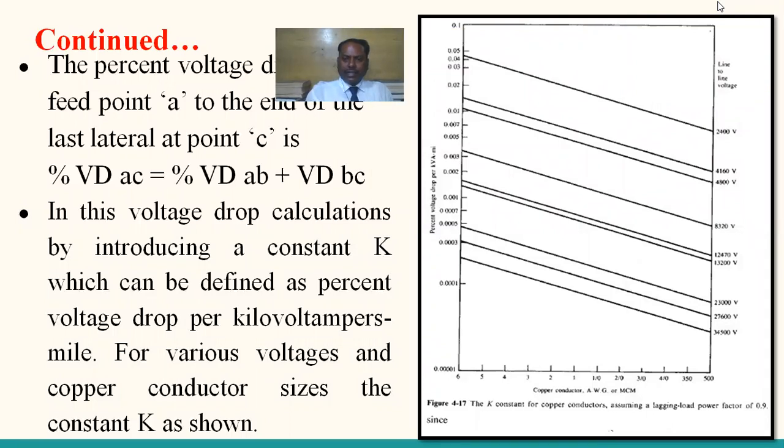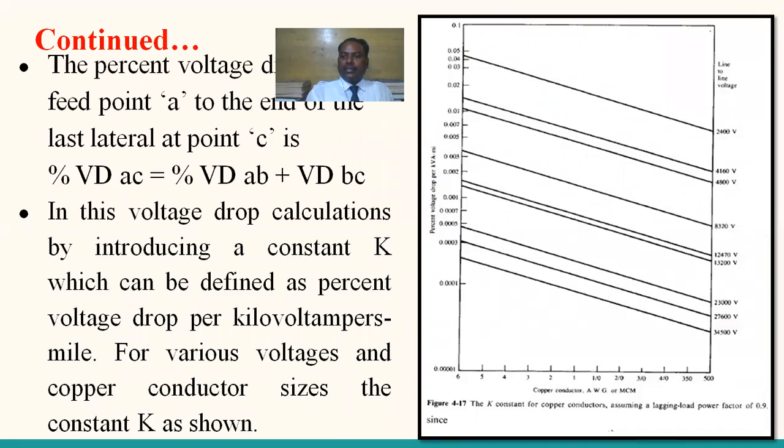See here. So this is the percent voltage drop, and this is the line to line voltage, and this one is the copper conductor sizes. So 1, 2, 3, 4, 5, 6 like this, 1/0, 2/0, 3/0, 4/0. These are the sizes of the copper conductor.